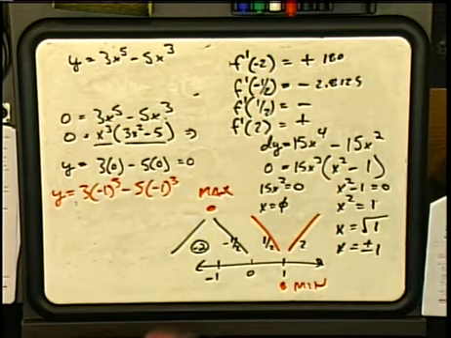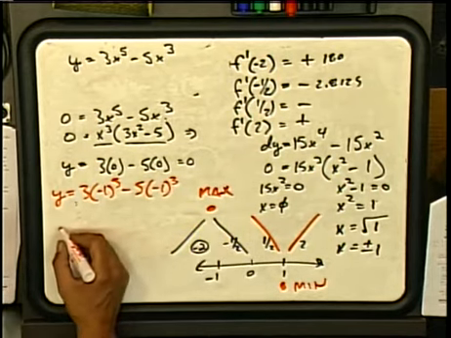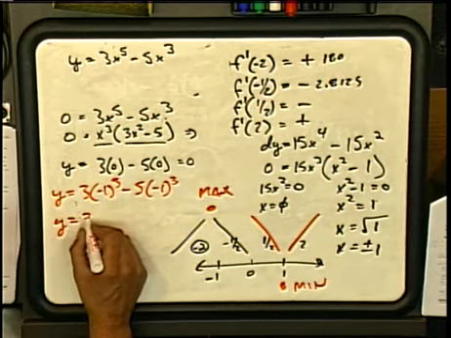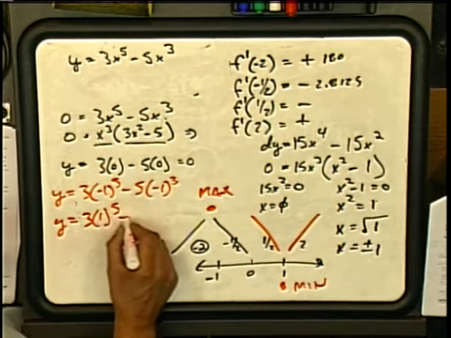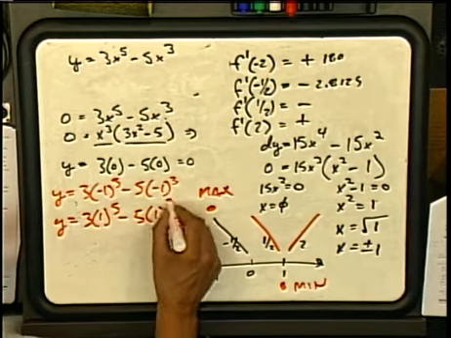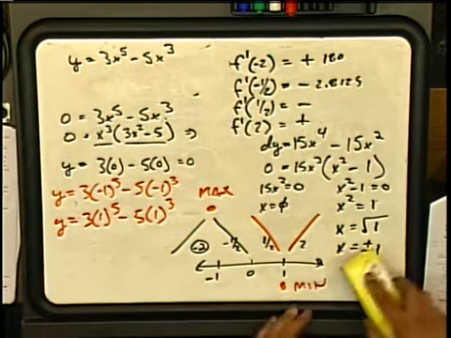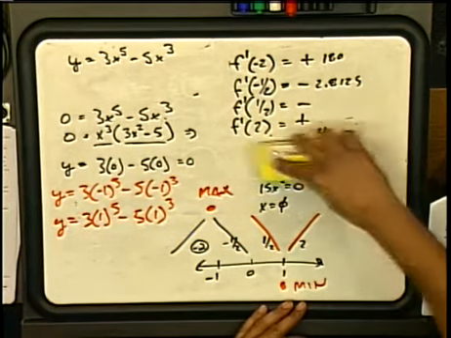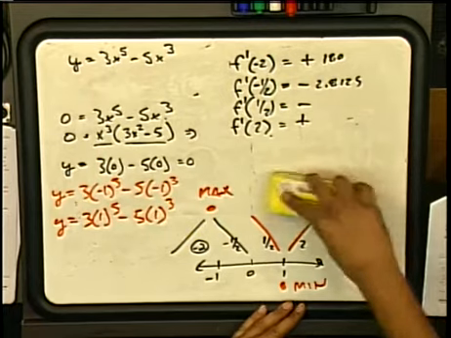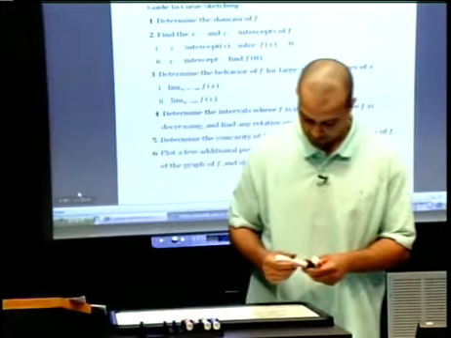Yeah. And then the minimum is y equals 3(1) to the 5th minus 5(1) cubed. The maximum would be y equals 2, x equals -1.